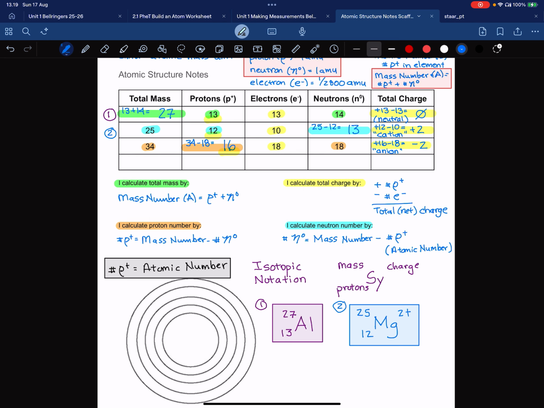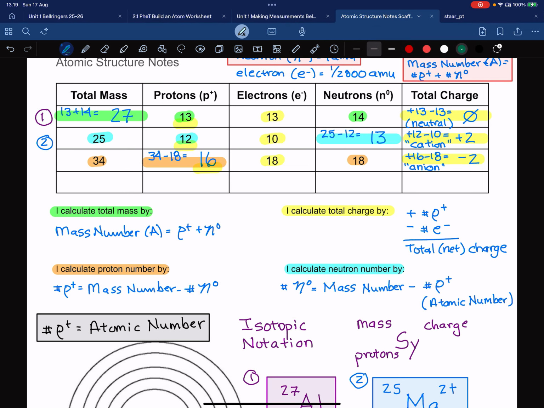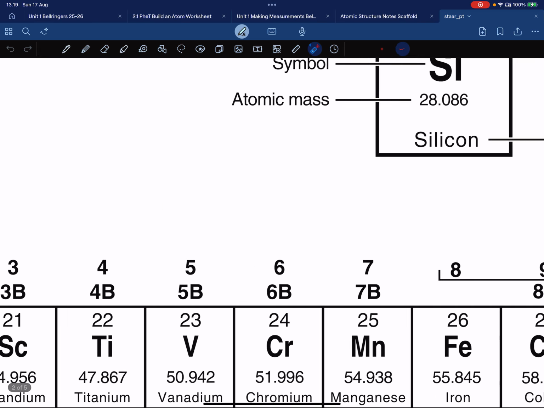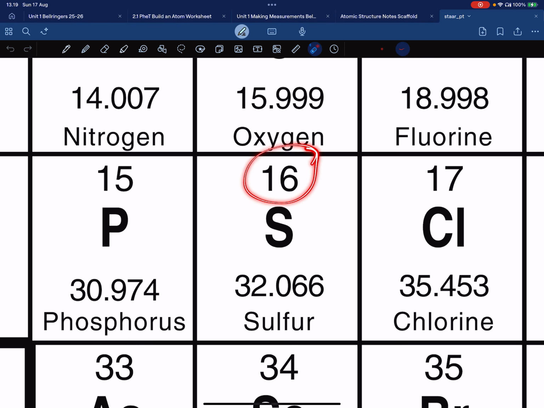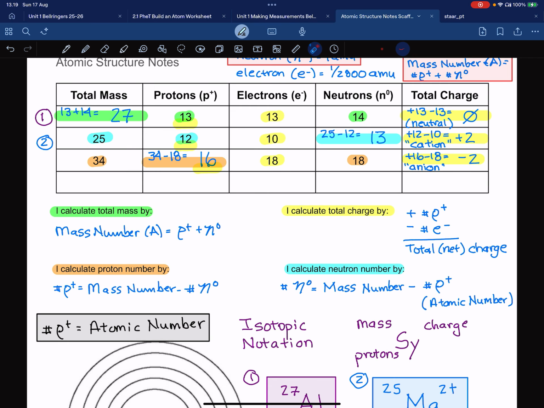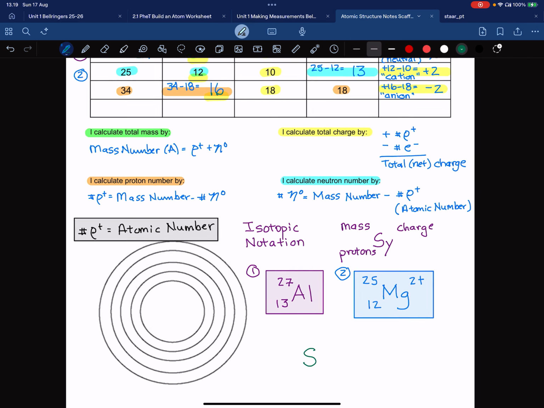All right, last one. Number of protons is 16, so I'm going to my periodic table. I'm looking for element number 16, which is sulfur. So I'm going to write S as my symbol.